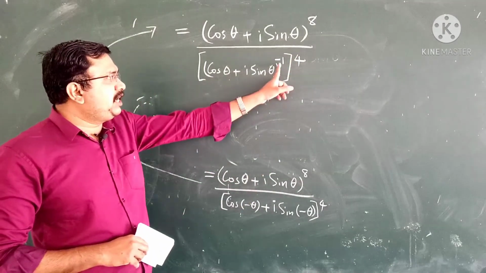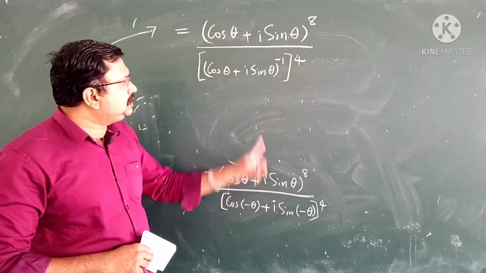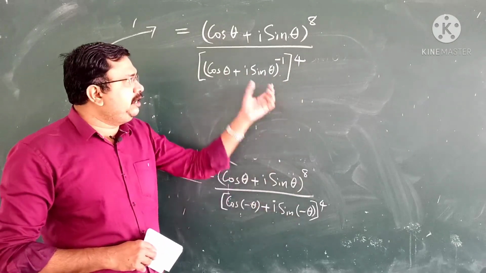Remember that if it is raised to minus 1, then this becomes cos(−θ) + i sin(−θ), De Moivre's theorem.